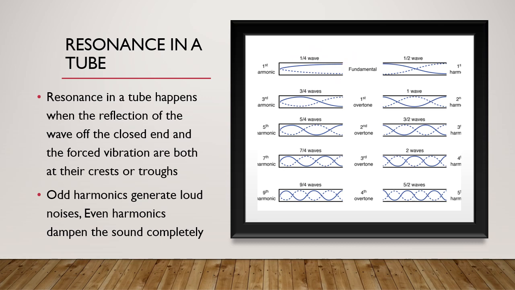For an open-ended tube, it's a little bit different. Here, your first harmonic, second harmonic, third harmonic. Here, you can generate the full harmonics because there's no reflection. So the first harmonic, you start maximal, you end up maximal. You only complete half a wave, but you do generate the loudest possible noise at both points.